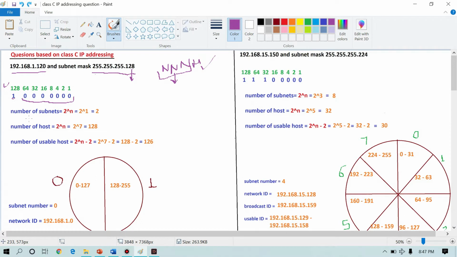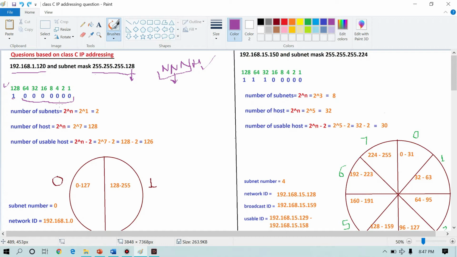Now what is the calculation? For calculating the number of subnets, we use the formula 2 to the power n. So what is n? As I have told, 1 represents the network and 0 represents the hosts.